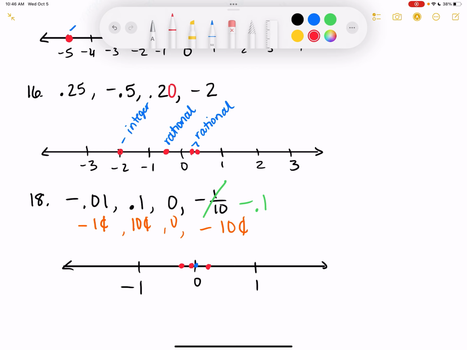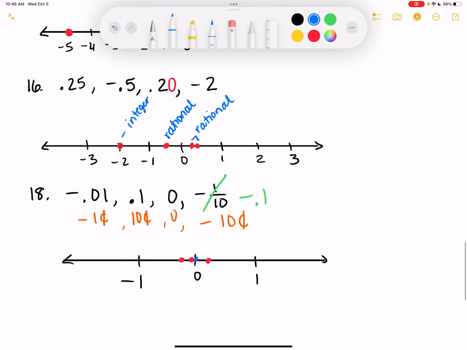So minus 0.1 and minus 0.01 are what kind of numbers? Rational. So again, since they're basically beside each other, I can just draw an arrow to both of them and lump them together. What is 0? Whole number.